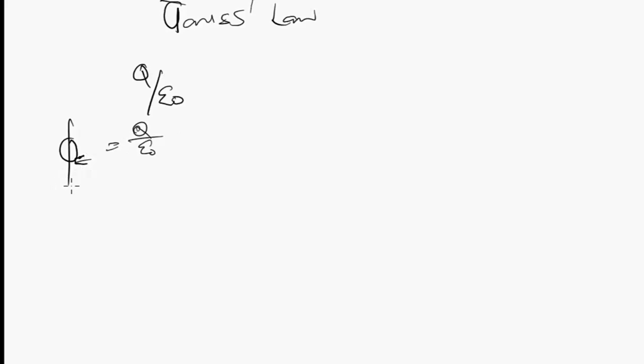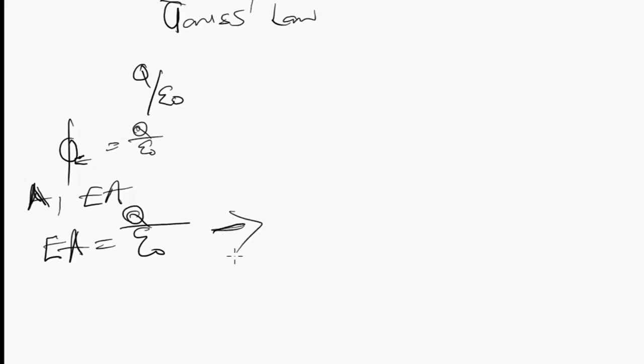Right, so having known this, for a charged conducting sheet of area A, the total flux of such a sheet will be EA. So in such a case, from the Gauss law, we're supposed to have EA equal to Q over epsilon naught.